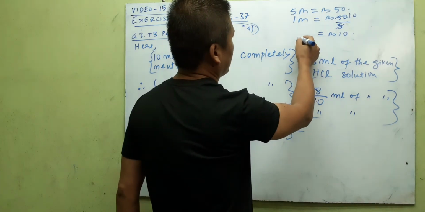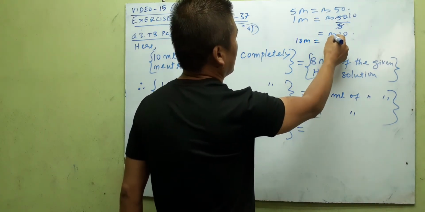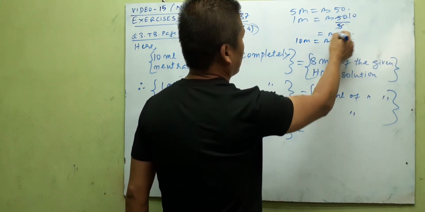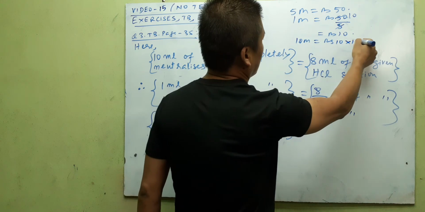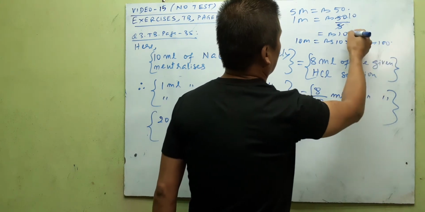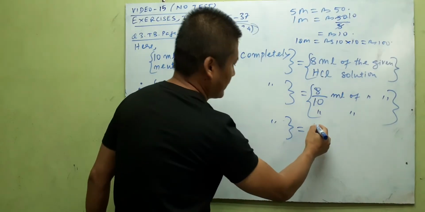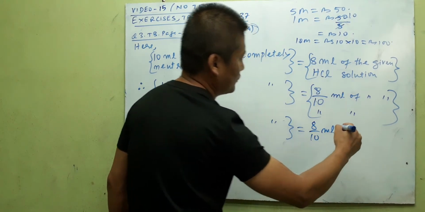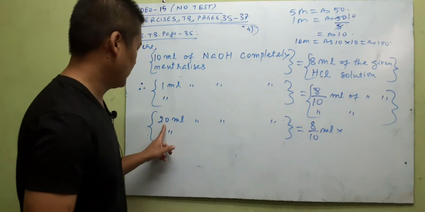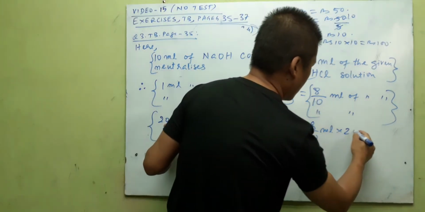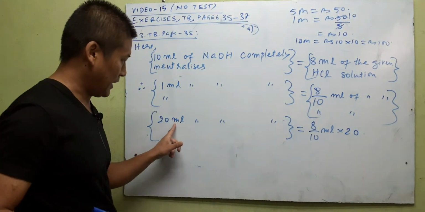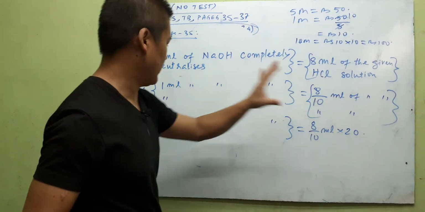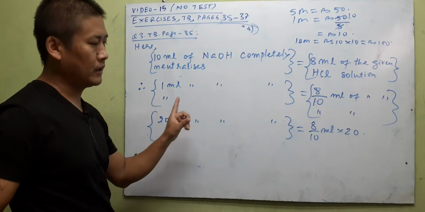So if you want the price of 10 mangoes, then the price of 1 mango, 10, right, upper right to lower left. So upper right, this one 8 by 10 ml into this one here 20, and we cannot bring this ml from left to right. The ml is already there. What is there on the right will remain on the right. What is there on the left will remain on the left. Only the number we can change.